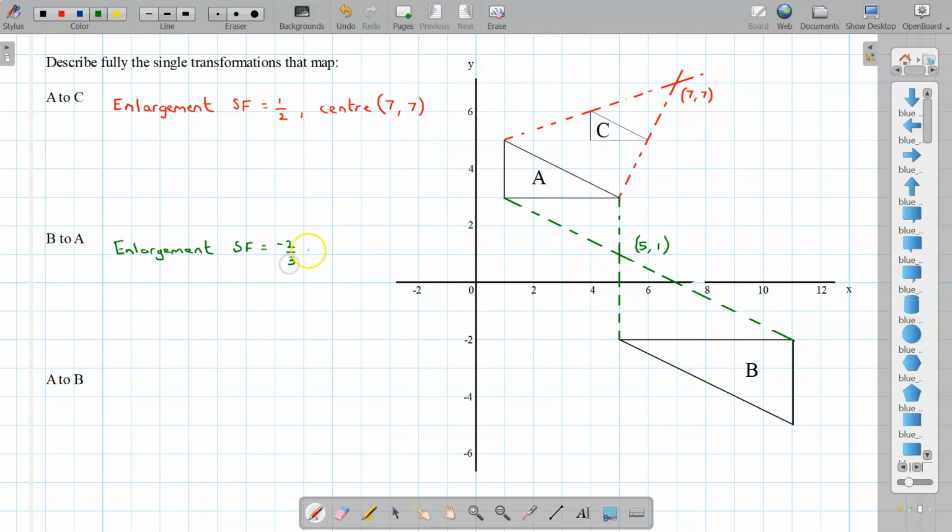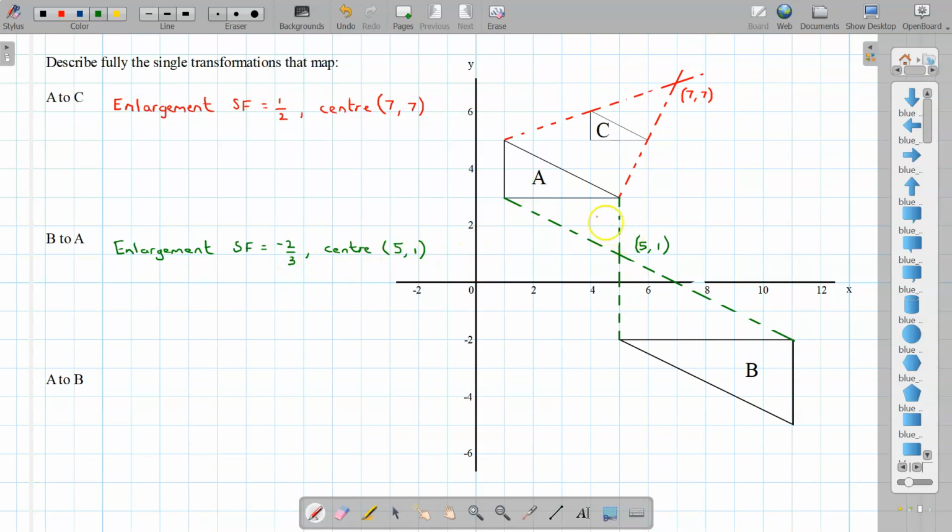The reason it's negative is because the shape has become inverted, and the center is 5, 1. You can think of it like this: the shape B goes right through this vanishing point and inverts itself and comes out the other side. That's why it becomes a negative scale factor.